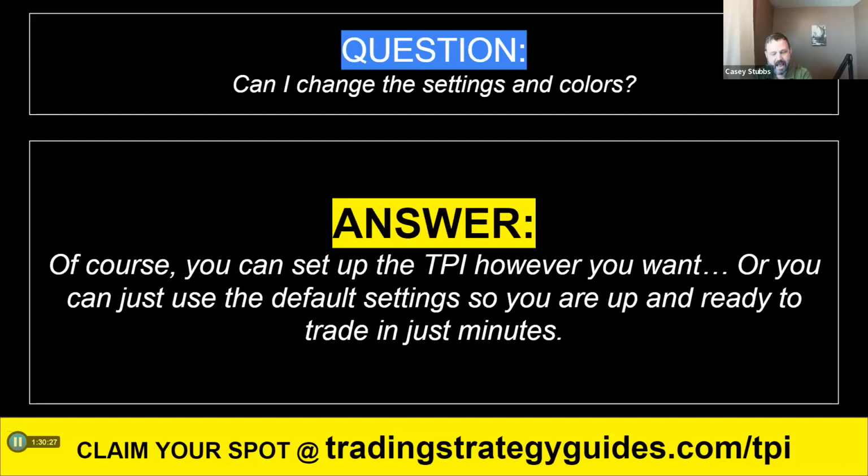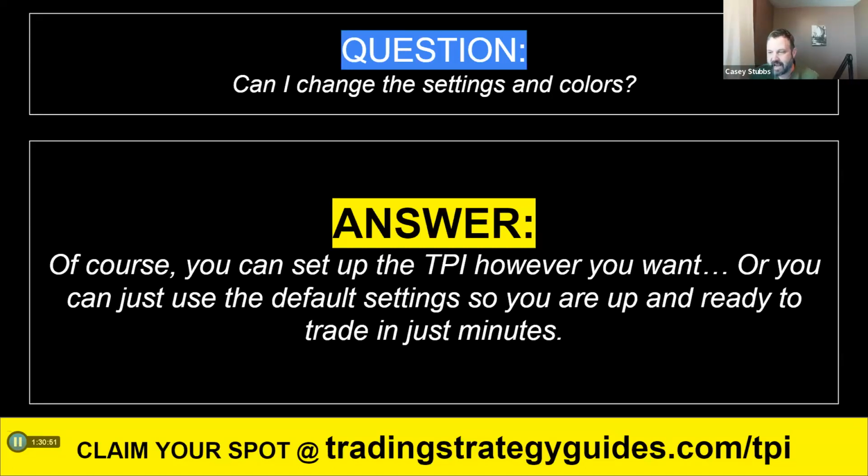But for the TPI, we focused on simplicity. We took the most powerful indicator that we possibly could, and we created it and made it simple. Simple is the way to go here. And so we don't want you messing around trying to figure things out. This comes out of the box, plug and play, simple and easy to use for the average trader.